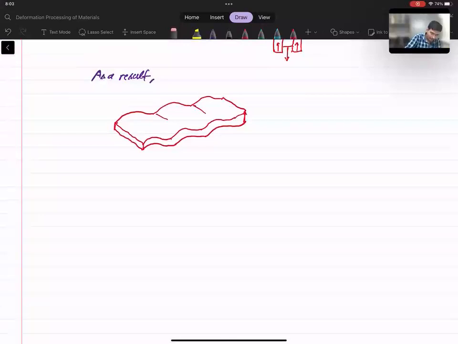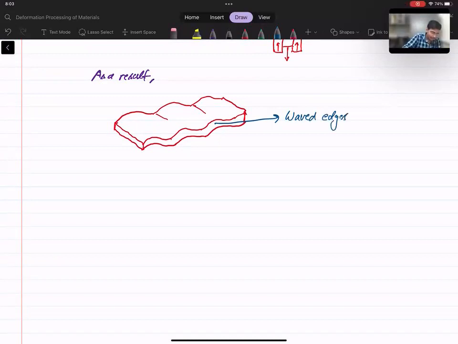Okay, so these are the waved edges, or edge buckles. Here, basically buckling has occurred. So this is edge buckle.